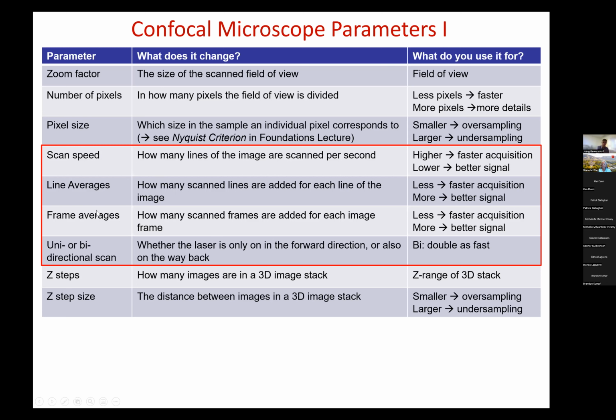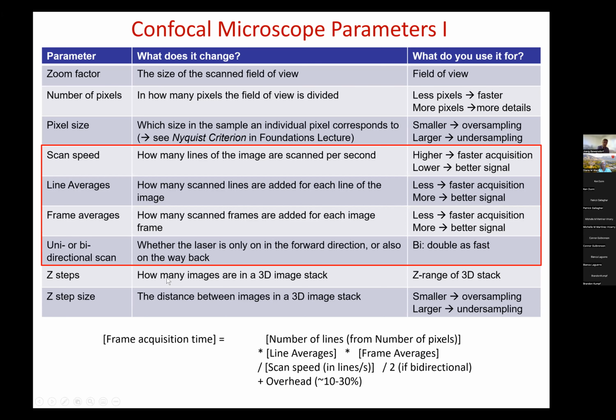The more averages you choose, the better your signal will be, but also the slower the microscope will be. If you choose 4 averages, it will take 4 times longer than if you just scan once. And then some microscopes allow you to choose between a unidirectional and a bidirectional scan. I'll show what I mean by that in the next slide.